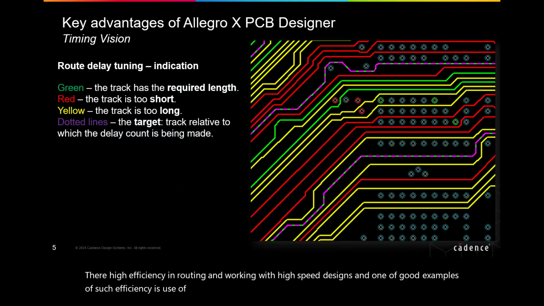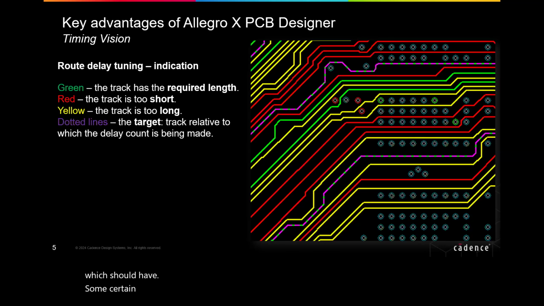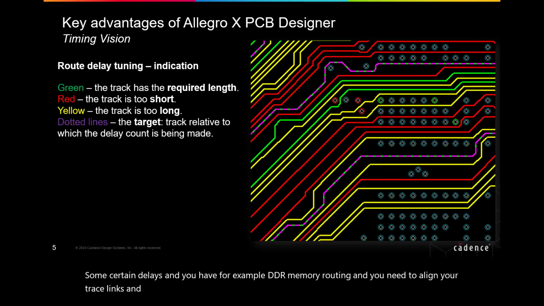When you see your routing and you have traces which should have certain delays, for example, DDR memory routing, you need to align not lengths but delays of each trace, which should be the same in a data byte or maybe in an address lane.